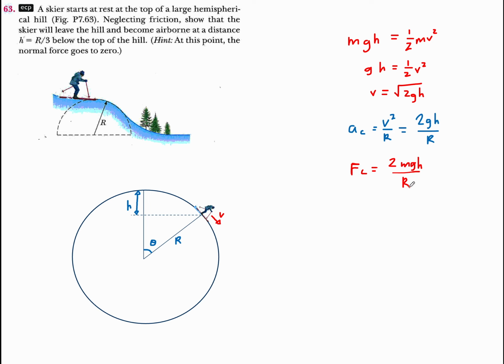Now, the one issue we have here is, what are the forces acting on our skier? Well, there's basically two. There's the force of gravity acting straight downward, and there's a normal force acting on the surface. And you can almost think about this as being an incline. We're trying to figure out at what point this normal force drops to 0.